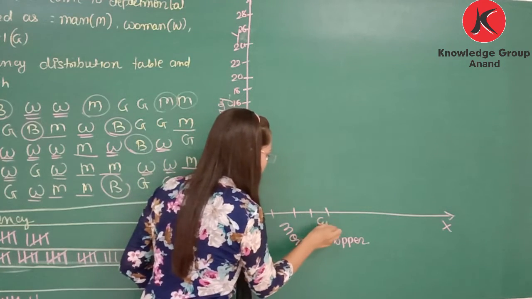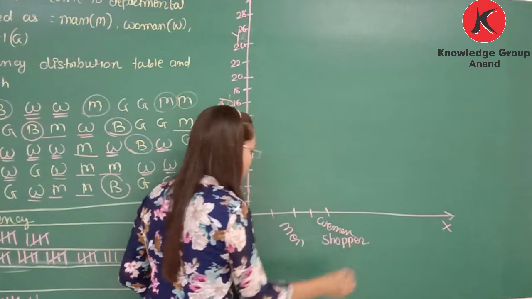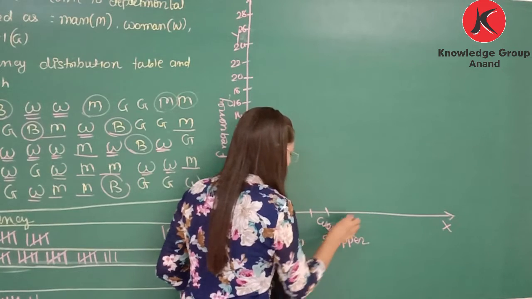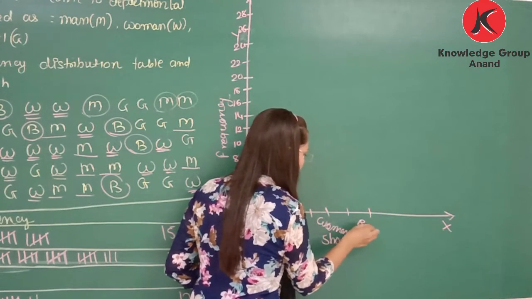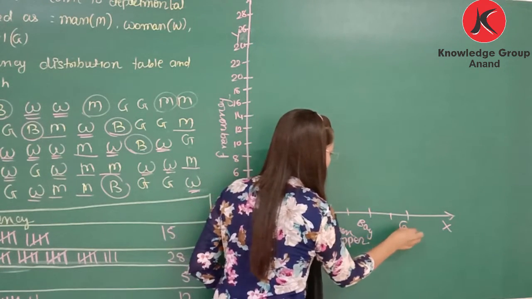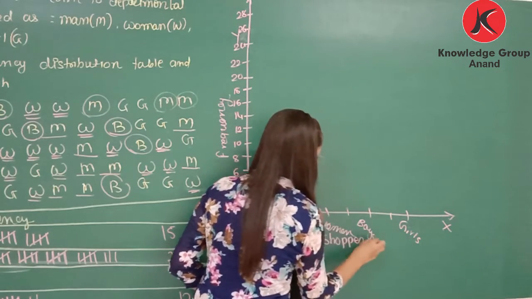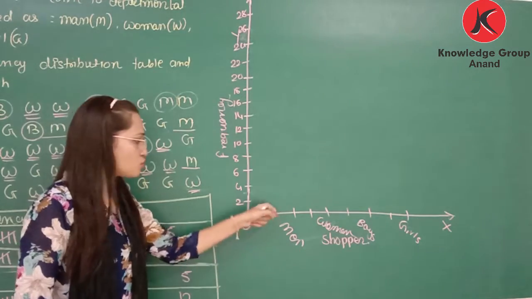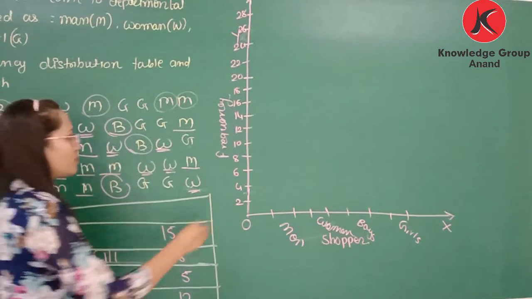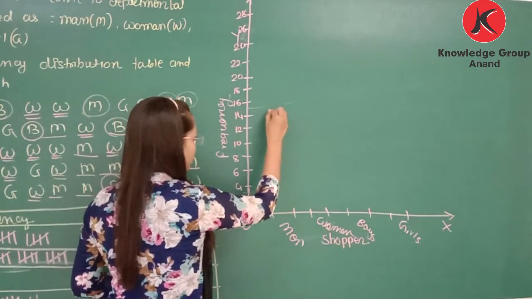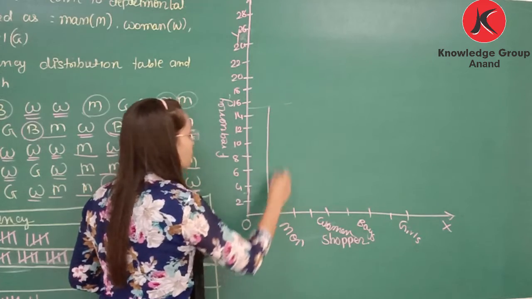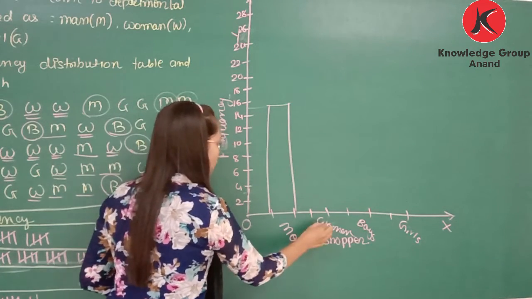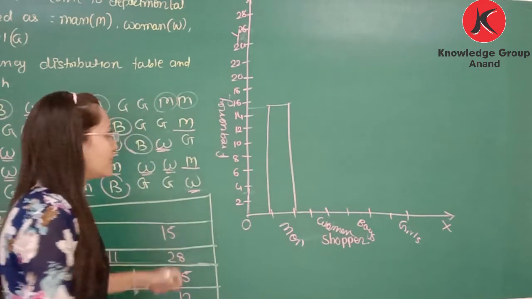Now here, man, woman, then boy, and last girl. How many men visit the store? You can see 15. So we will represent it between 14 and 16. How many women visit the store? That is 28.